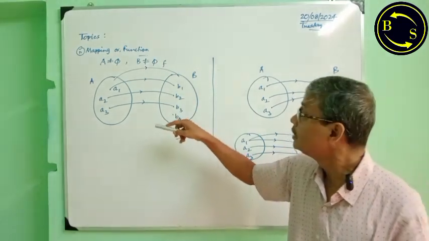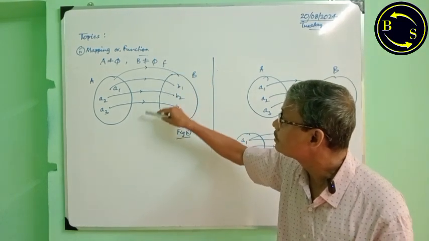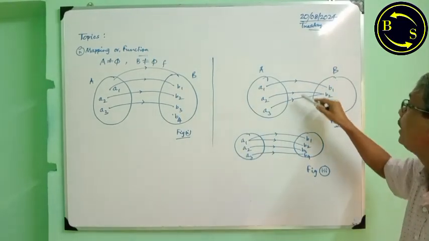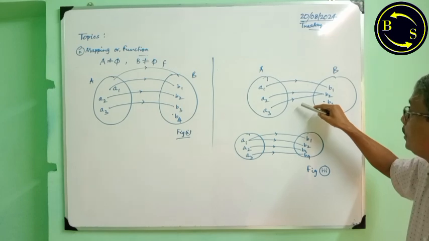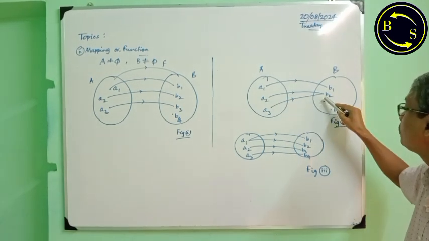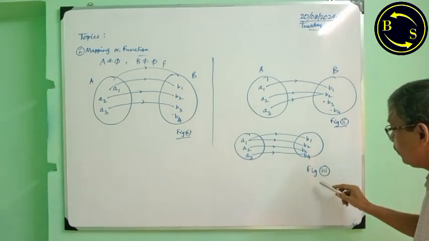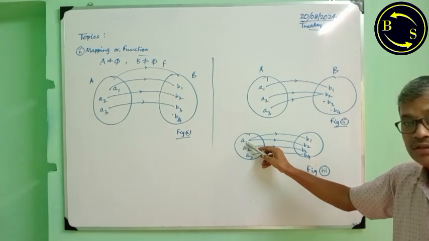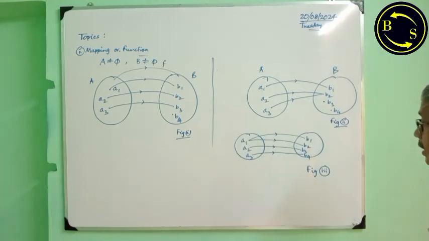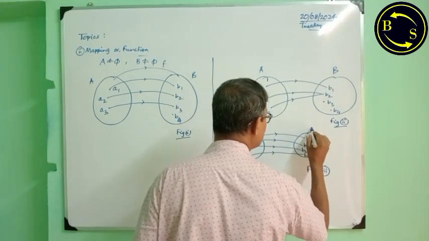According to that condition, here f is a function. Also, in this case, f is a function. Here, A2, A3, these two members are associated with the same member B2. But in case of figure 3, we see A1 is associated to two members of set B. As per definition, this is not a function.